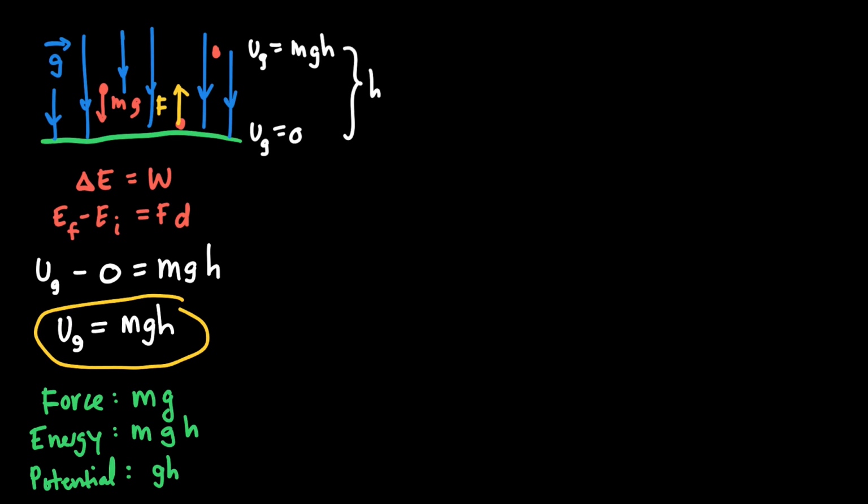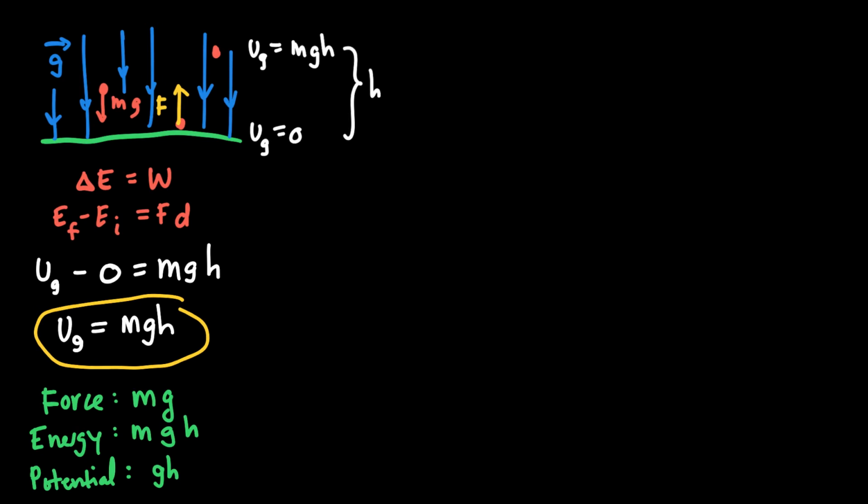The way I want you to think about potential is, if I know g and h, then at all points in that gravitational field, the potential tells me, if you place a certain mass at this point, how much gravitational potential energy it's going to have. Independent of the mass, I could tell you the mass later. If I know g and h, then I know the potential in that gravitational field at that point.